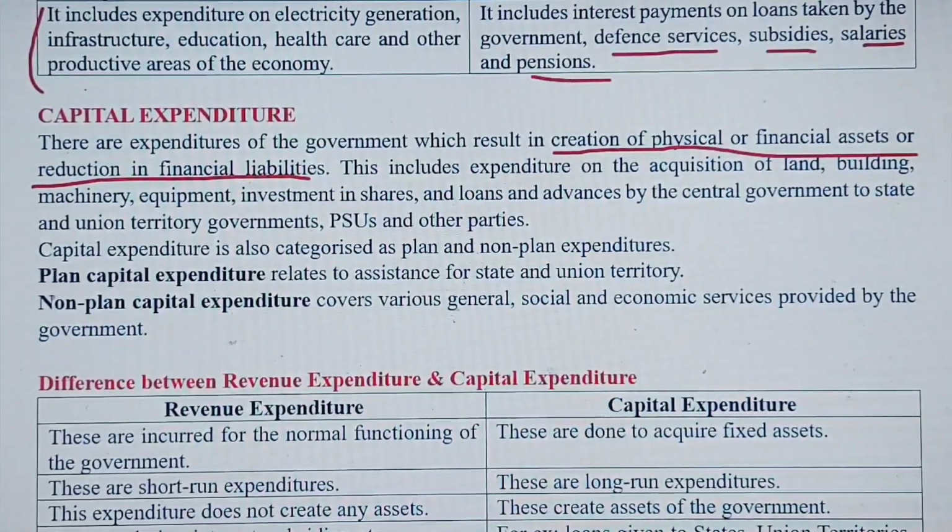Again these are divided into two parts, plan and non-plan capital expenditure. So plan expenditure, basically it relates to the assistance given to the state and union territory, and non-plan expenditure, they cover all general social and economic services provided to the government.